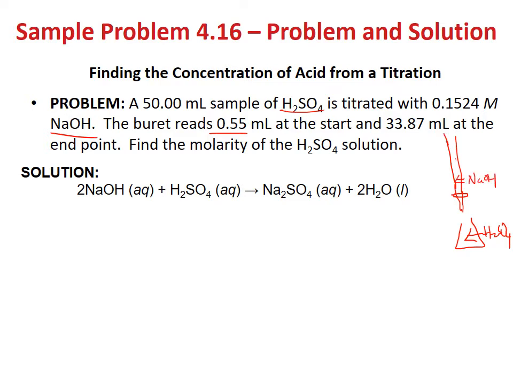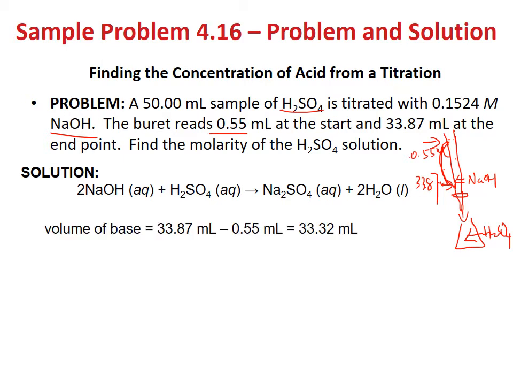Initially the reading is right here, which is 0.55 milliliter, and when you titrate, some sodium hydroxide goes into the Erlenmeyer flask, so the volume decreases until it goes to here. The reading is 33.87. So the difference should tell you how much volume of sodium hydroxide is used to neutralize sulfuric acid.